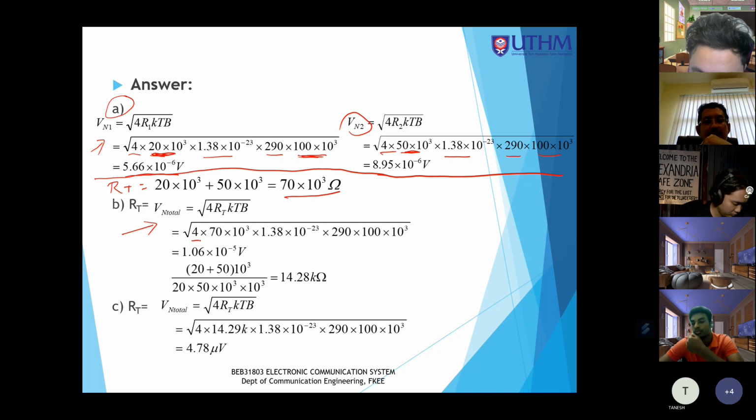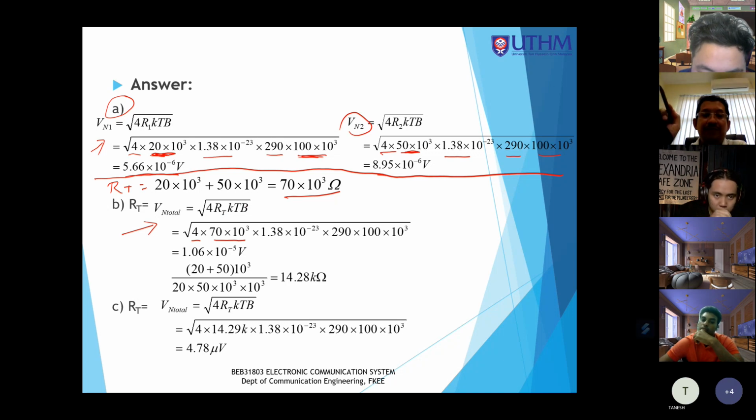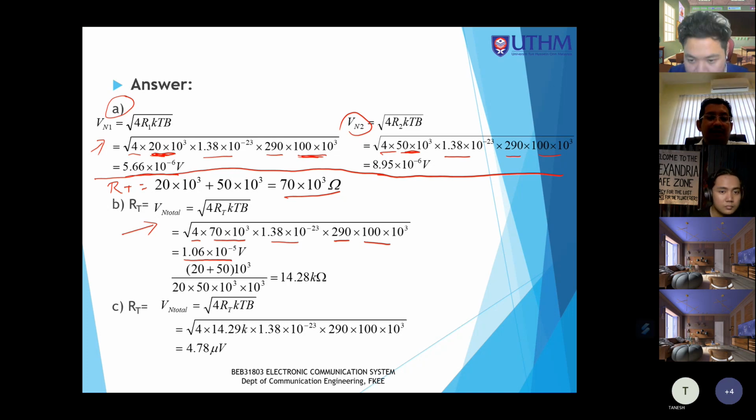So 4 times R total, 70 kilo ohm, multiplied with Boltzmann constant, multiplied with the temperature and the bandwidth. So we're going to get 1.06 multiplied 10 power of minus 5 volt. Okay, so this is if the resistors are connected in series.